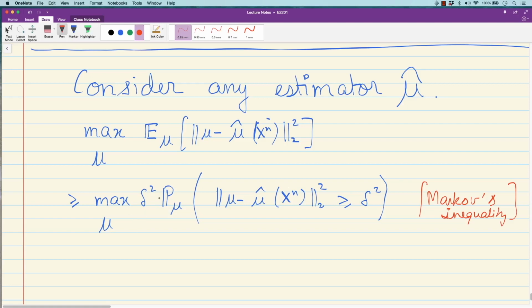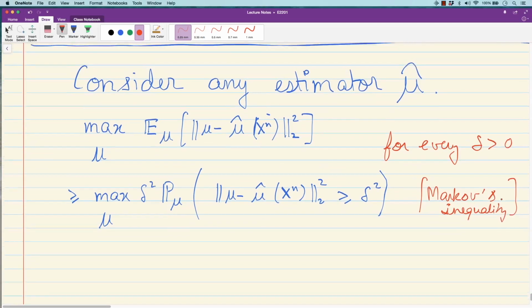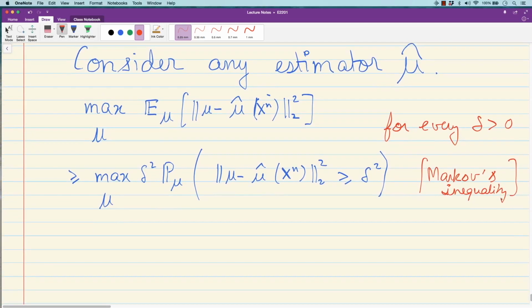So this holds for every delta greater than 0. We'll choose delta appropriately later. So this delta square can be taken out. This is equal to delta square times this max.